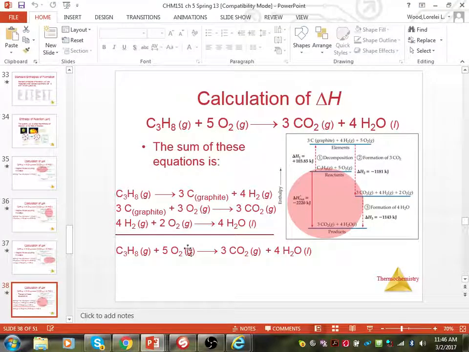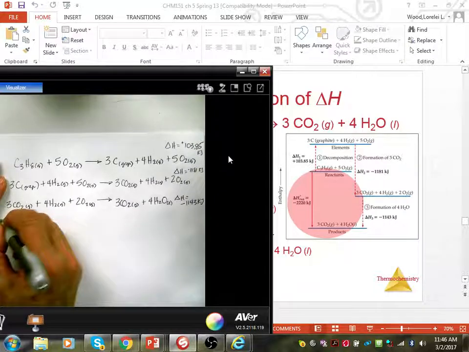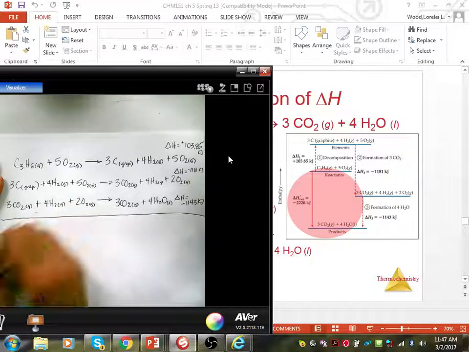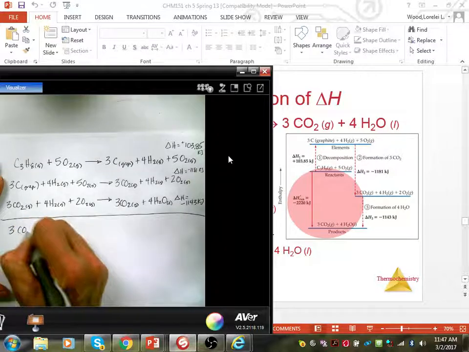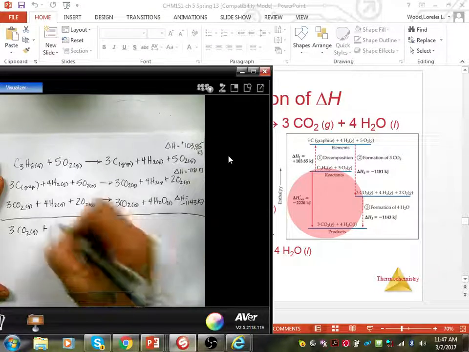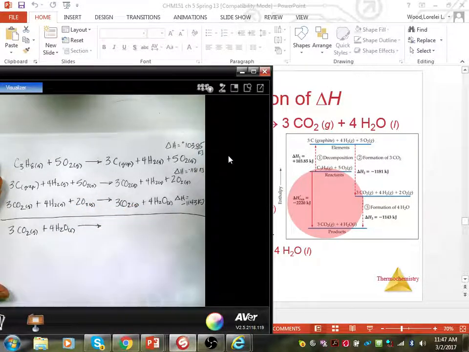In the target equation, you're going to put a line, and the target equation you have is the 3 CO2s as a gas plus 4 H2Os as a liquid, which gives us our final products in this case.